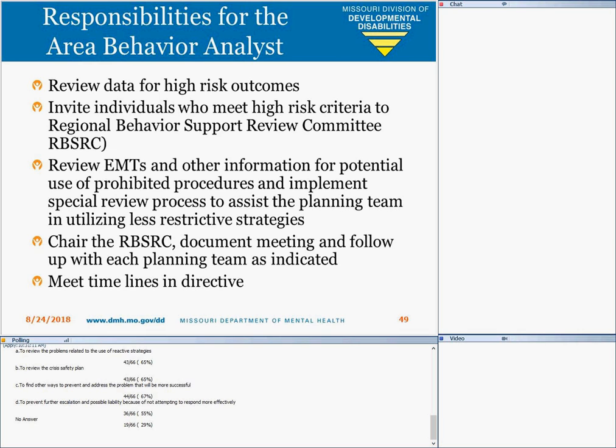One of those is to review the data for individuals that indicate high-risk outcomes, and they do this quarterly. They identify individuals who are meeting those risk areas, including law enforcement involvement, psychiatric hospitalization, psychotropic medications above the threshold, emergency procedure use, and frequent moves in our system.